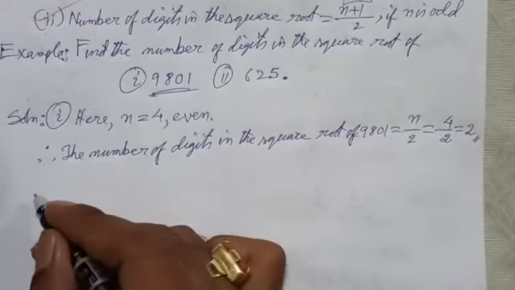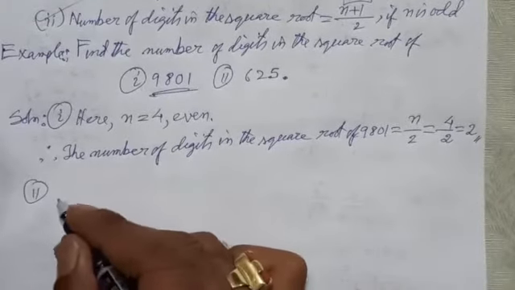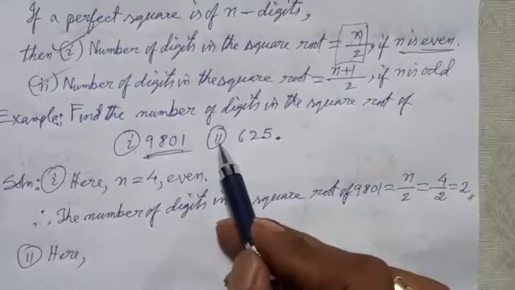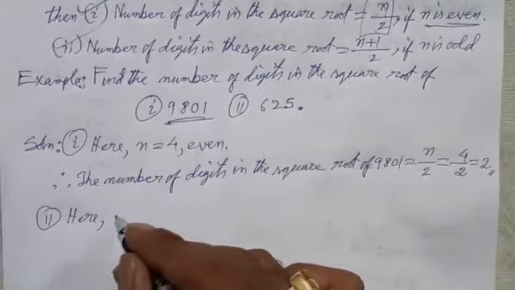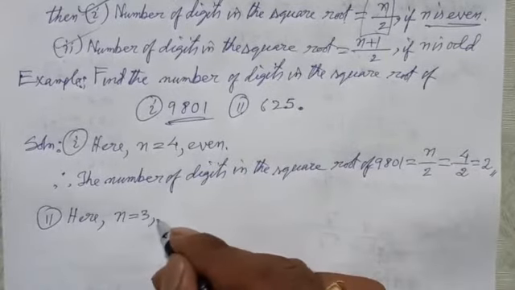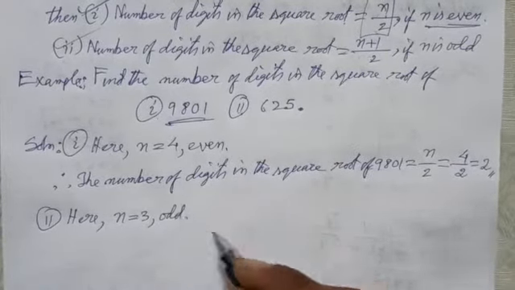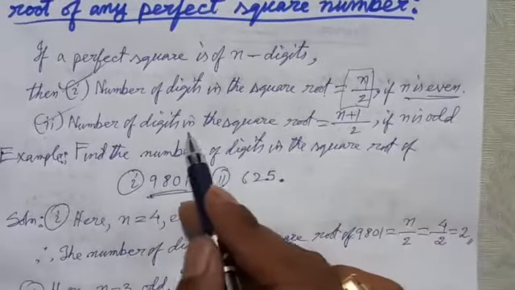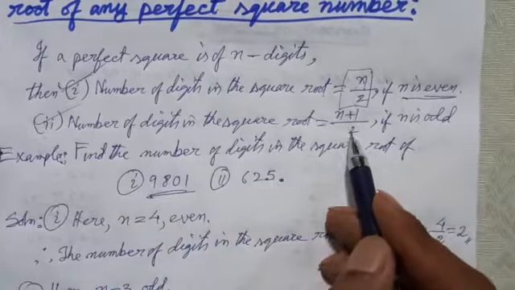Now Roman number 2. Here in this Roman number 2, 625, number of digits is 3. n is 3 and 3 is odd. So we have to use this formula. If n is odd, then the number of digits in the square root is n plus 1 by 2.